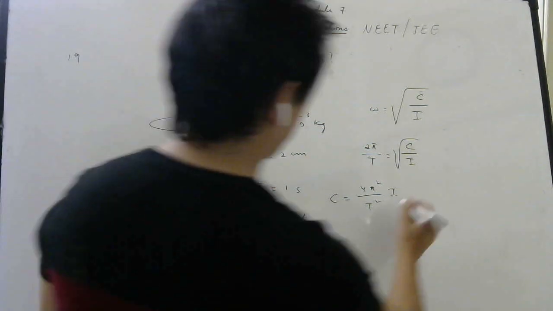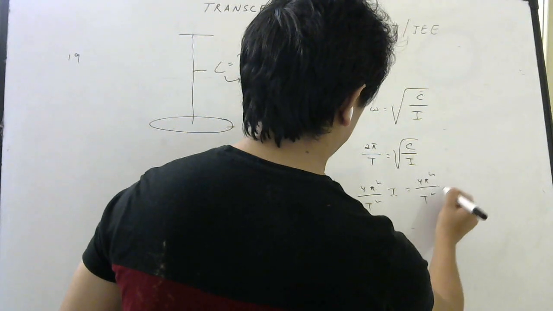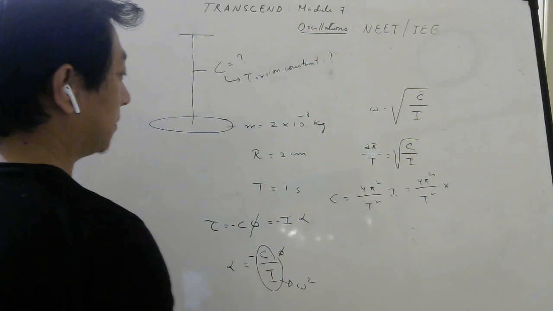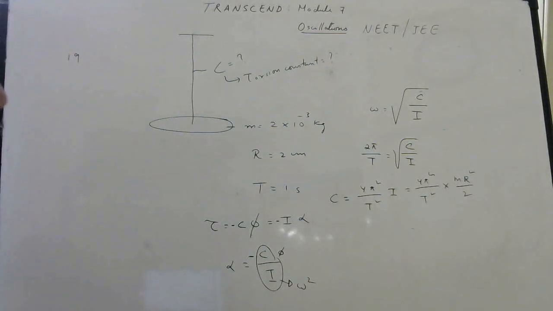So its moment of inertia about an axis passing through its center and perpendicular to its plane is how much? mr squared by 2. So you can do the substitution and get the answer.